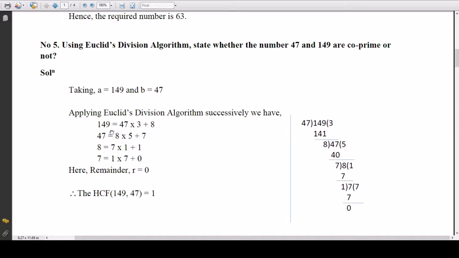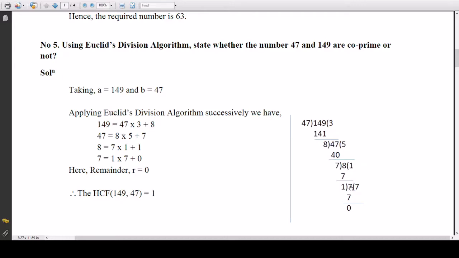Clear? Here in this Euclid division algorithm, you proceed like this. 149 is 47 multiply 3 plus 8. 47 is 8 multiply 5 plus 7. 8 is 7 multiply 1 plus 1.